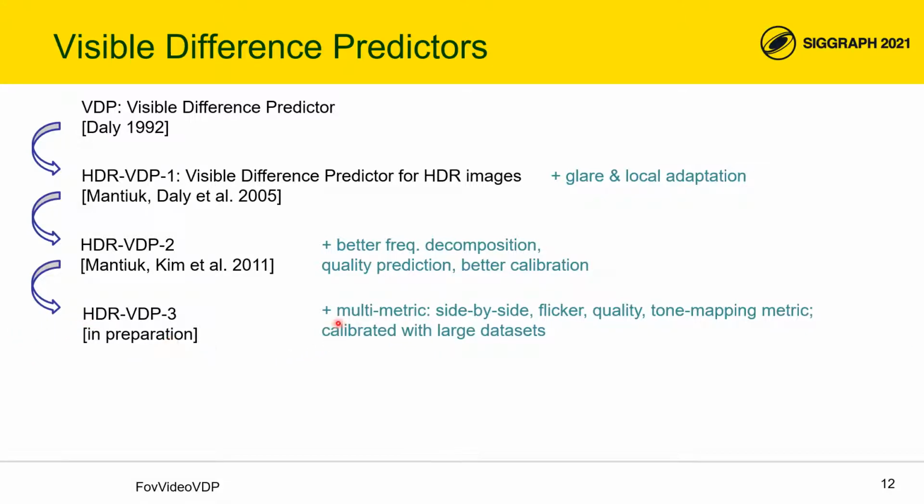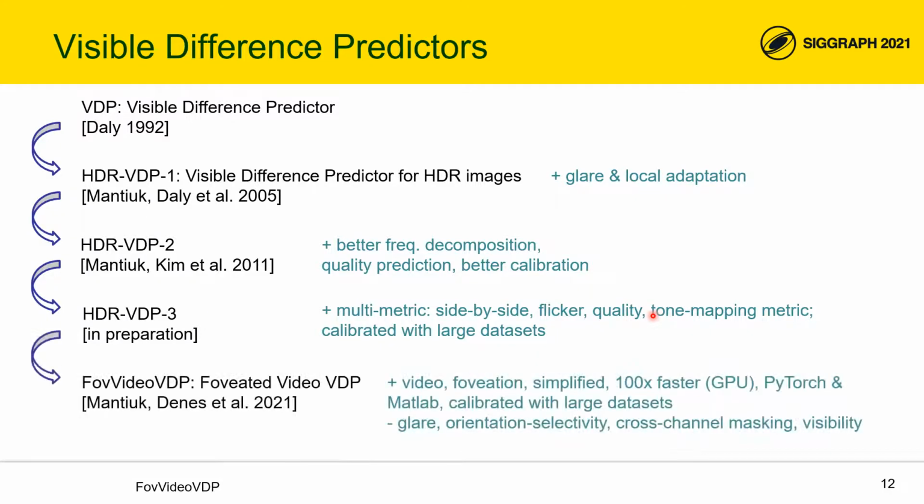I call HDR-VDP-3 a multimetric because it has multiple prediction tasks, such as comparison of images shown side by side, comparison of images flickered between one another, quality prediction, and it's also a tone mapping metric. With FovVideoVDP, we took a different route. We added video and foveation.